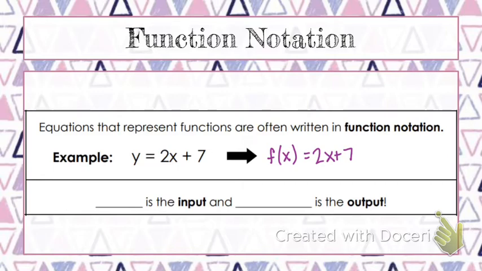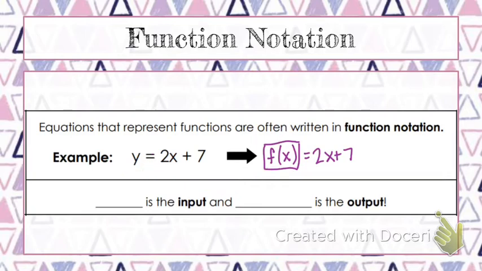But just know that f is not a variable. It's just a notation. And f of x is exactly the same as having a y there. They're completely interchangeable and there's no real difference. So don't let this make you think that it's f times x or that f is a variable to solve for. It's nothing like that.